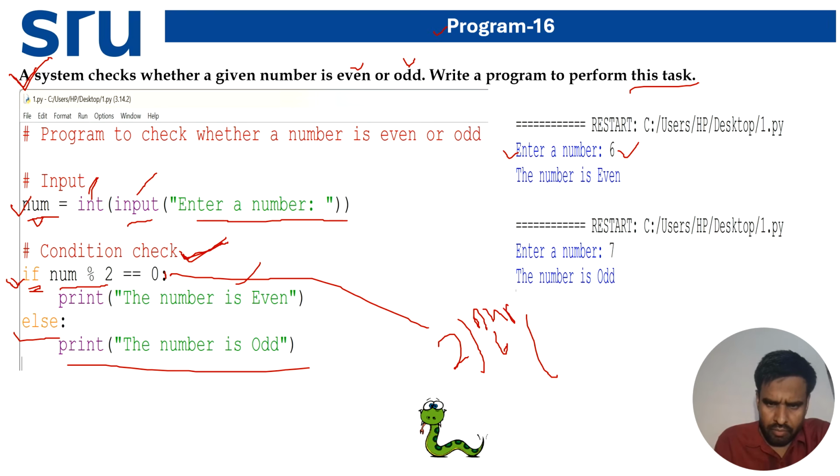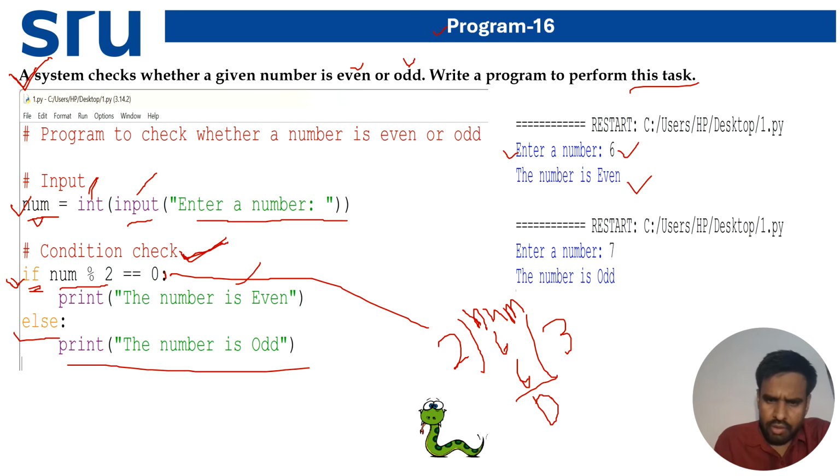So the result is 3 and the remainder is coming as 0. If the remainder is equal to 0, then print even. So it's an even number.